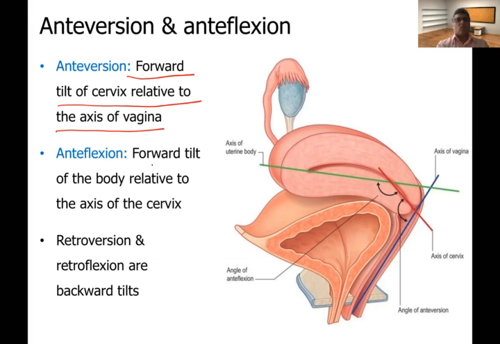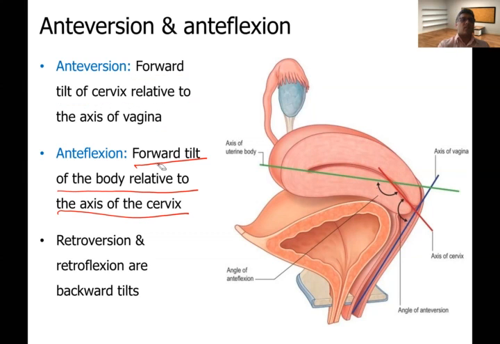Anteflexion is forward tilt of the body of the uterus relative to the axis of the cervix. So that is this one and this one. So that is that angle. So here you can see the definition of anteverted and anteflexion. So the normal uterus is in this position, so it is anteverted as well as anteflexed. Now in different people you can have different positions.